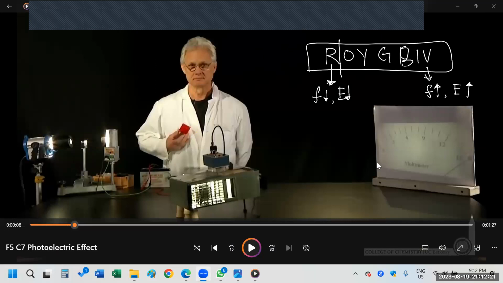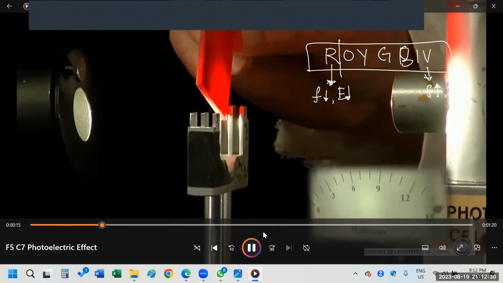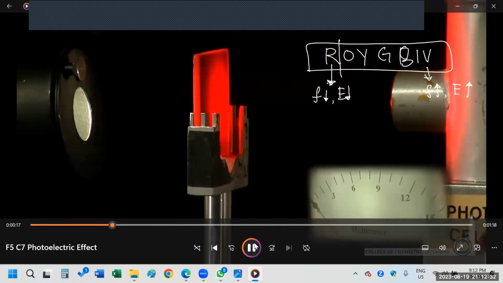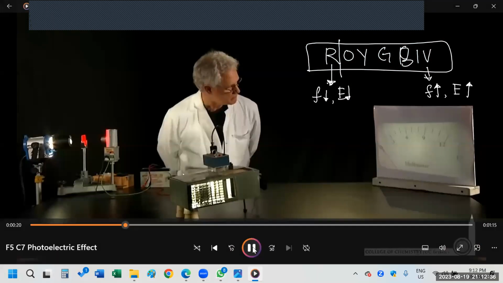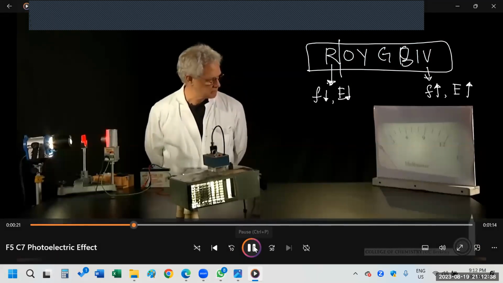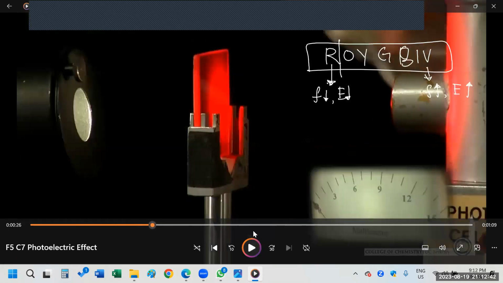So this is white light, so maximum. Impinging on a metal, and the energy of the photoelectrons emitted is shown on the meter at right. If he puts a red filter in the path, now only red photons can strike the metal, and you can see they do not have sufficient energy to eject photoelectrons.